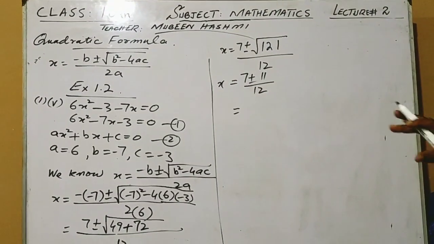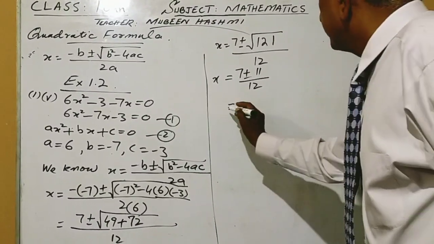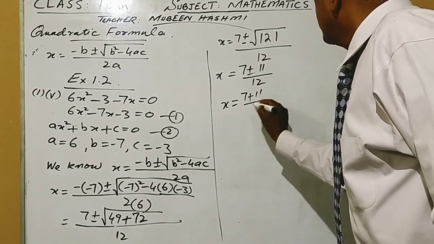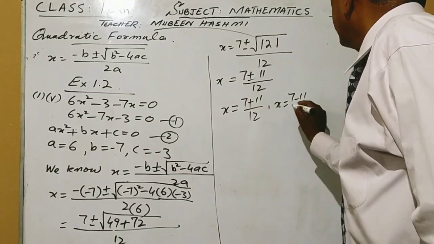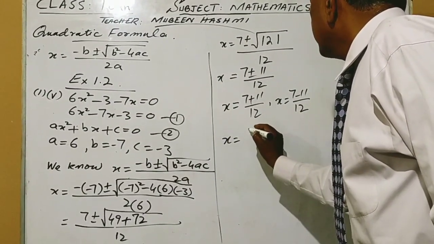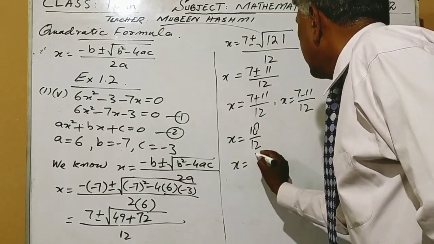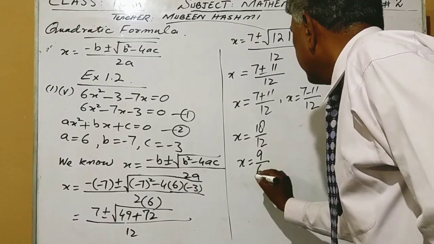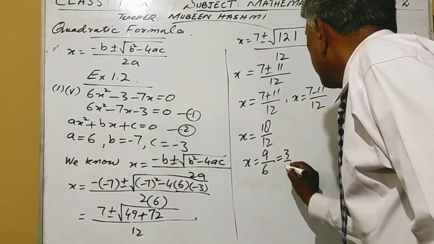Now there are two values of x. One value of x is 7 plus 11 upon 12, and the other is x equal to 7 minus 11 upon 12. This is 18 over 12, x is equal to 9 upon 6, and further you can simplify this to 3 upon 2.